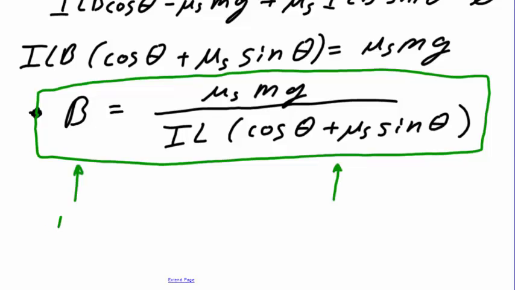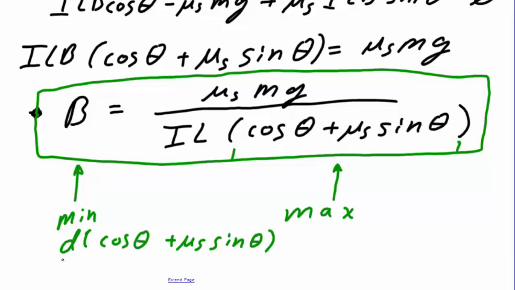In order to get the minimum possible magnetic field, we need to maximize the term that contains theta in the denominator on the right-hand side of the equal sign. As we remember our calculus, the manner by which you maximize any quantity is you set its derivative, in this case the derivative of the entire quantity in parentheses with respect to theta, equal to 0.